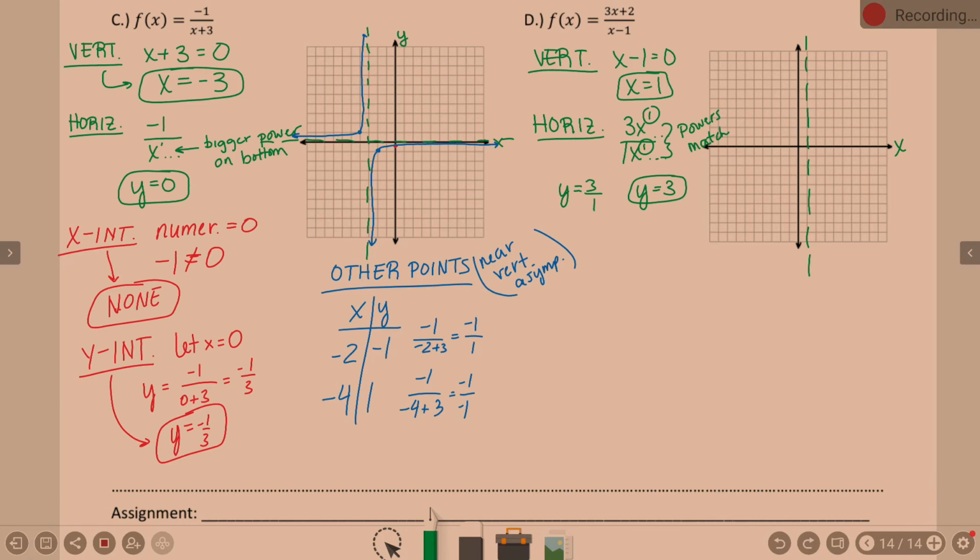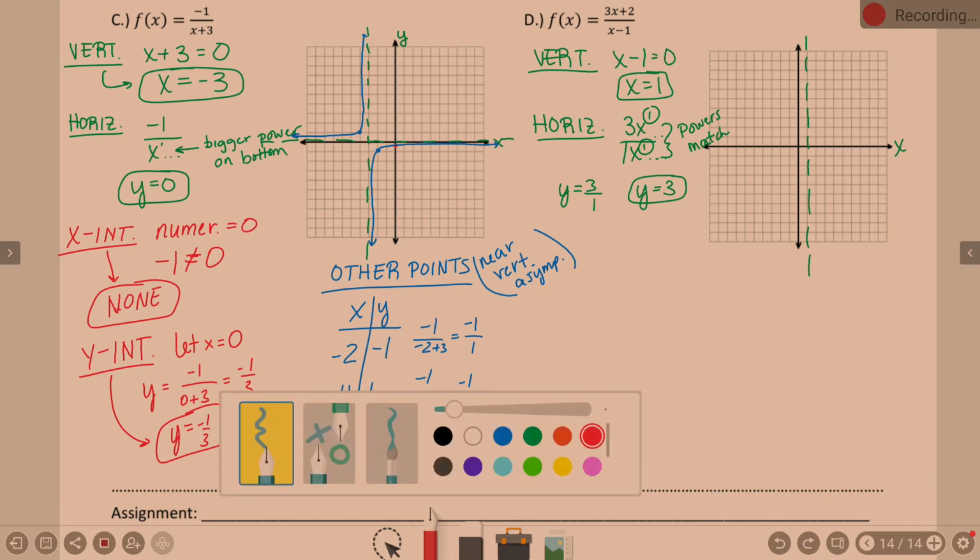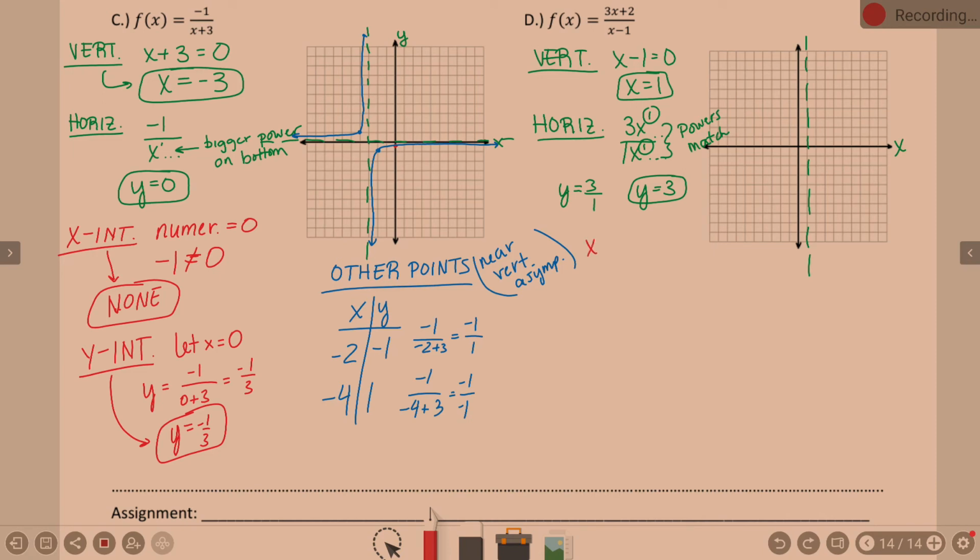Okay, intercepts. X-intercepts happen when y is 0. So my fraction equals 0 when my numerator is 0. So 3x plus 2 equals 0.